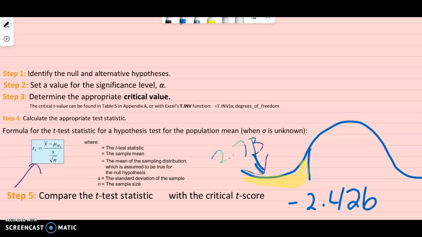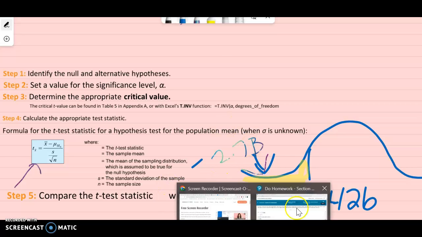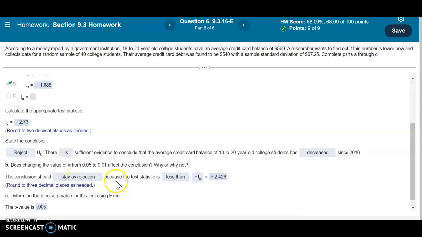Well, we're still going to reject because it would still be in the rejection area even if we changed it. So it stays as rejection because the test statistic is less than our critical value.